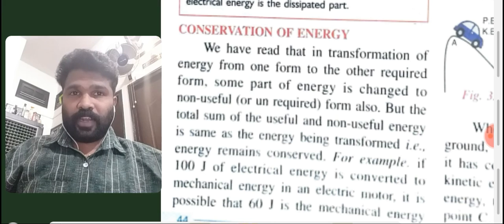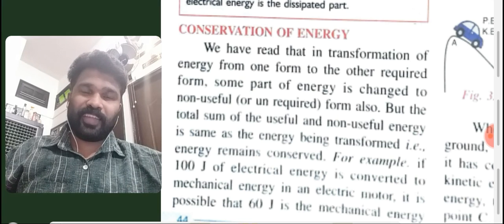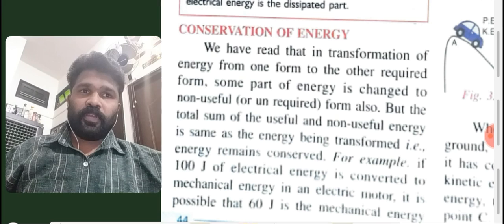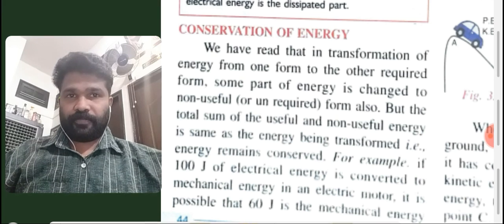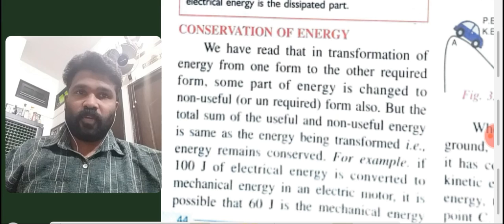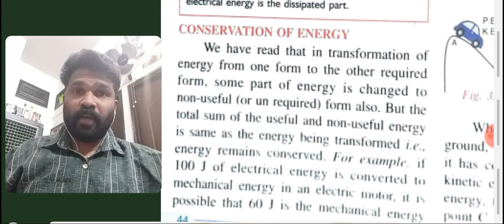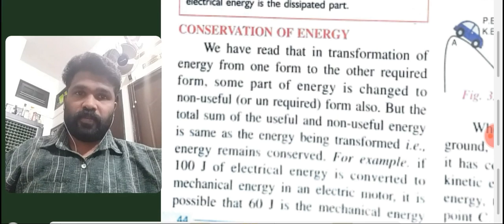Once a particular type of energy is transferred to another type, some unuseful energy is also produced. Last class we discussed that this is called the dissipated part.